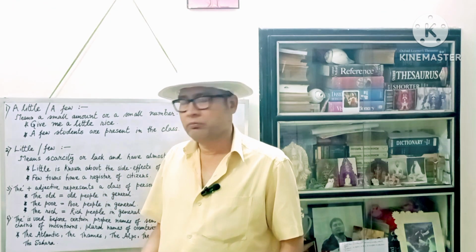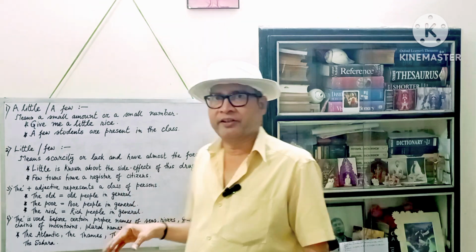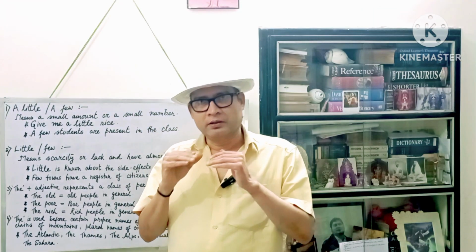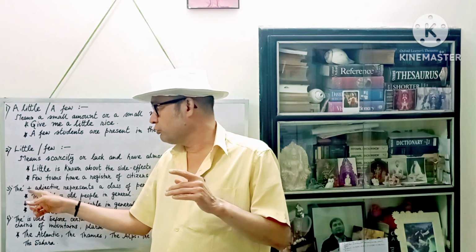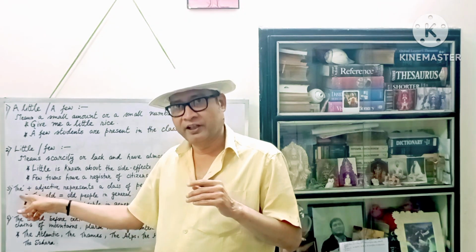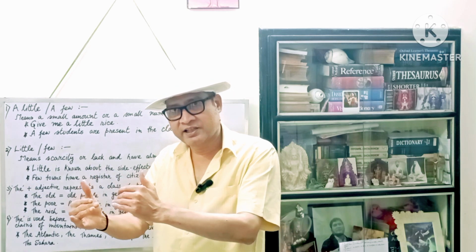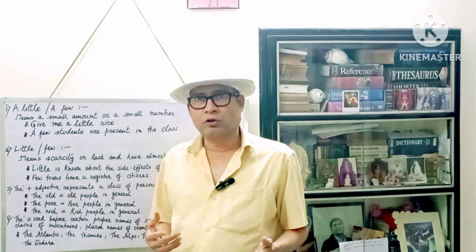What does that mean? It represents a class of persons. The plus, this sign is there, you have to take into consideration this sign. The is there, the definite article, the plus an adjective.